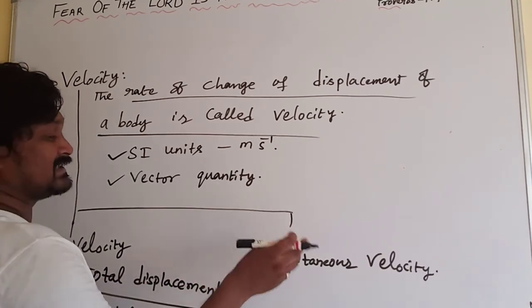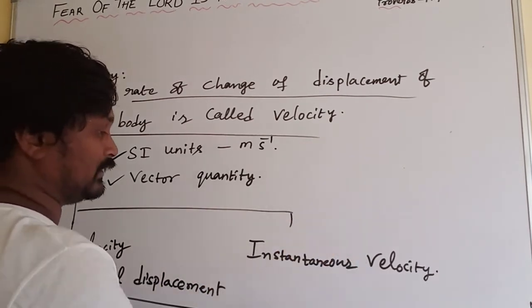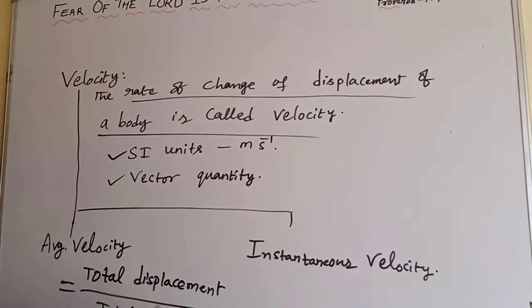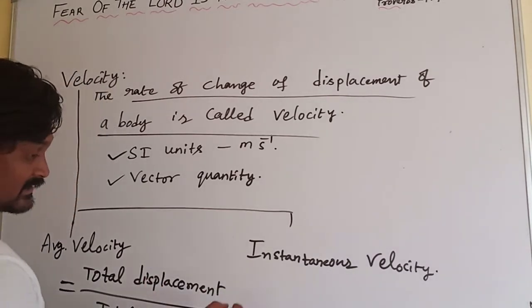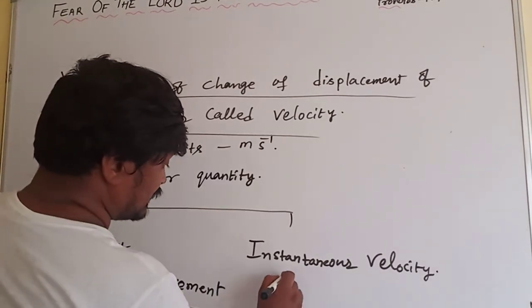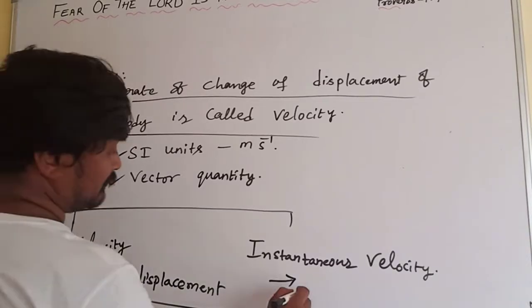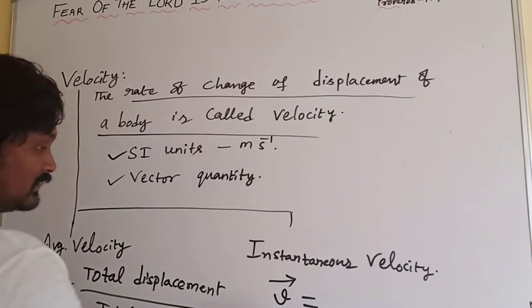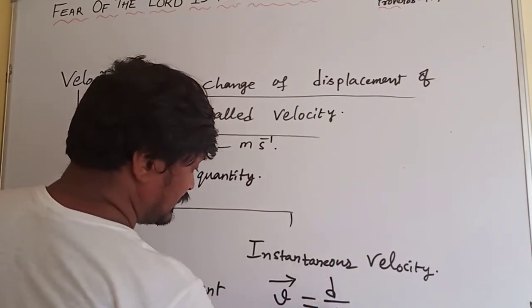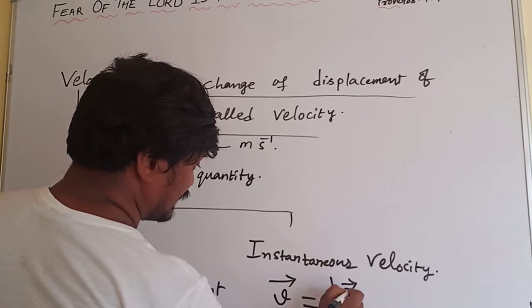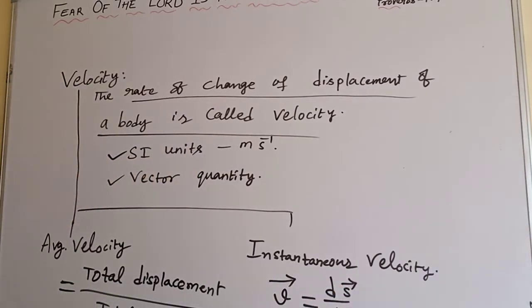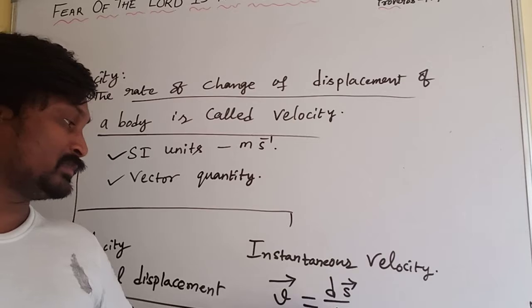That is called instantaneous, meaning at a particular point what is your velocity. So we can write instantaneous velocity v bar is equal to d by dt of s bar, where s bar is the displacement. So average velocity means total displacement upon total time, and instantaneous velocity means ds bar upon dt.